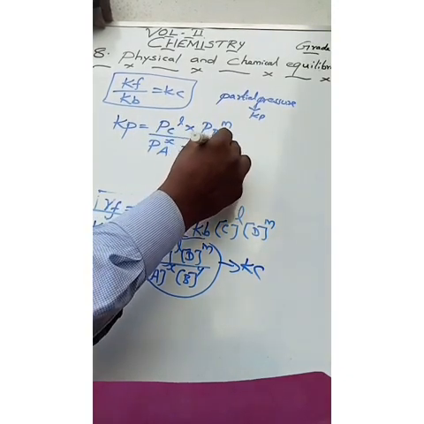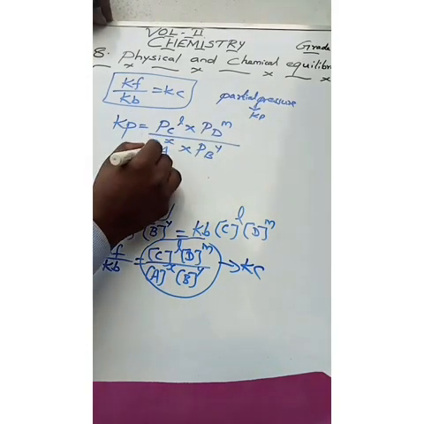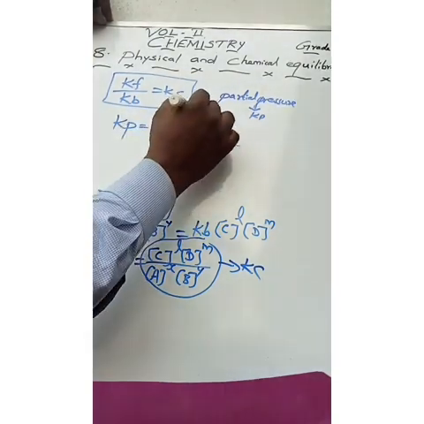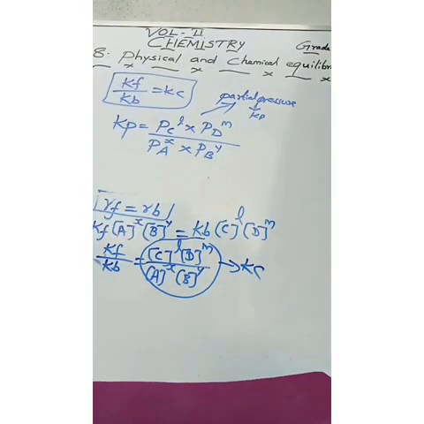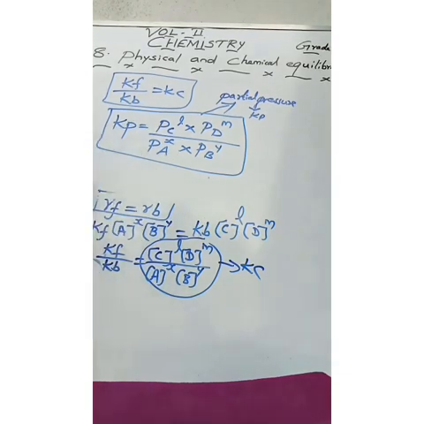Here, what are PC, PD, PA, PB? These are the partial pressures of gases A, B, C and D.